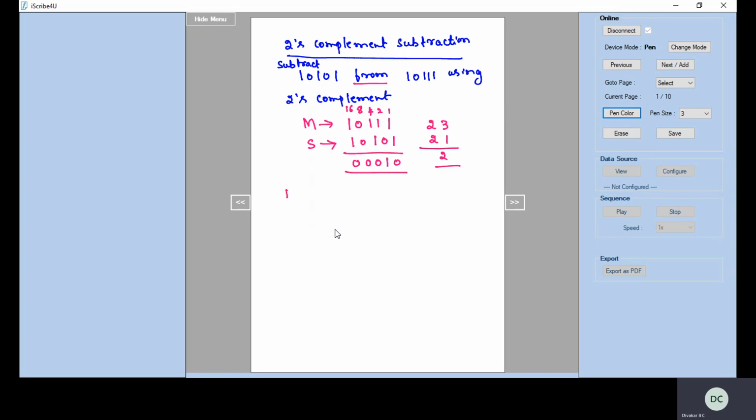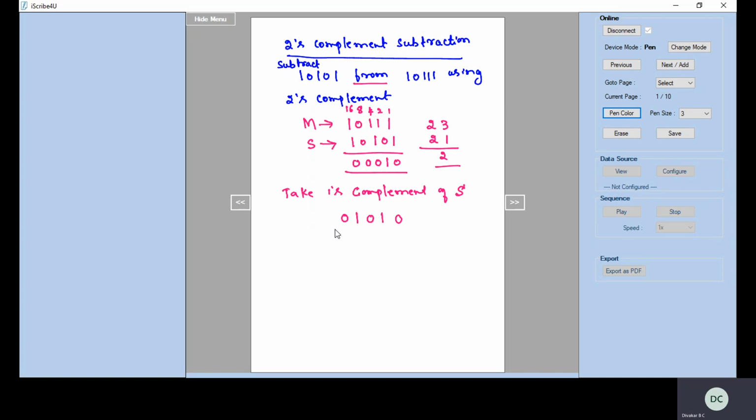Same procedure. First take the one's complement of the subtrahend, which is 01010.